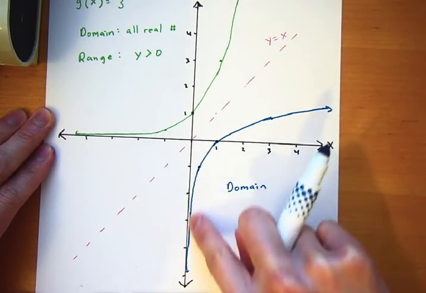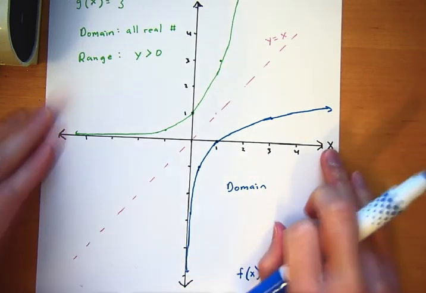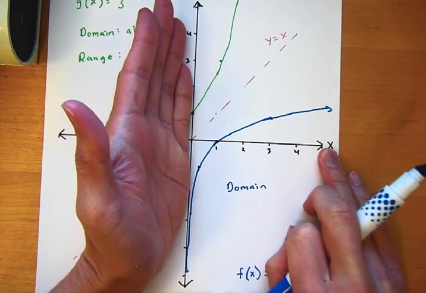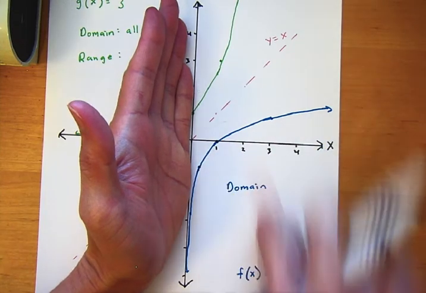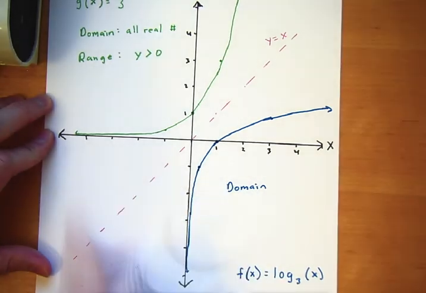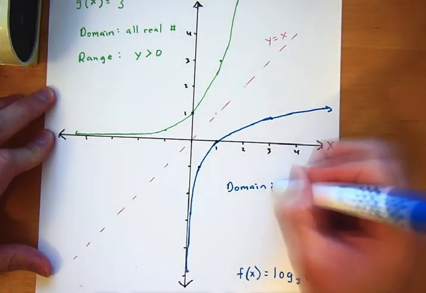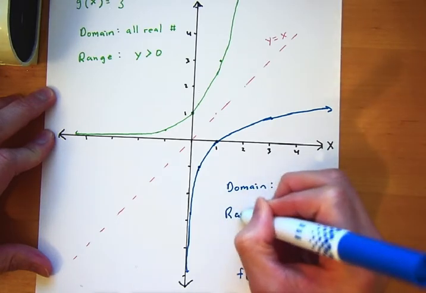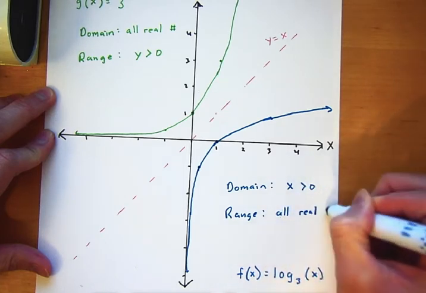It's getting closer and closer to that 0, because this line is 0. So it's getting closer and closer to the 0 of the x's, but it never actually gets to negative. There's nothing on this side. So your domain is x is bigger than 0, and your range is all real numbers.